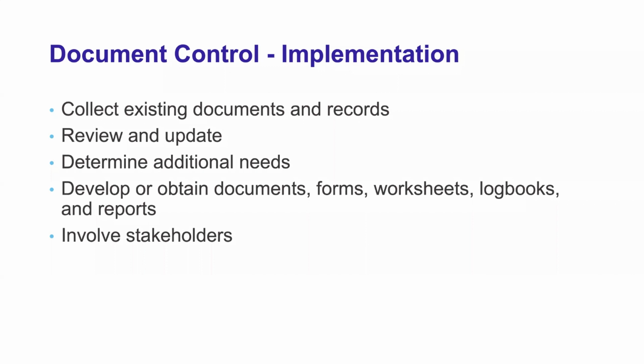You can see where the gaps are, like, oh, I didn't have an SOP to describe how we were going to disseminate this test result to the floor. So we need to draft an SOP for that. That's another good reason to take an inventory of all the existing documents you have in your laboratory. You need to develop or obtain documents, forms, worksheets, logbooks, and reports. Part of determining additional needs is filling those needs.